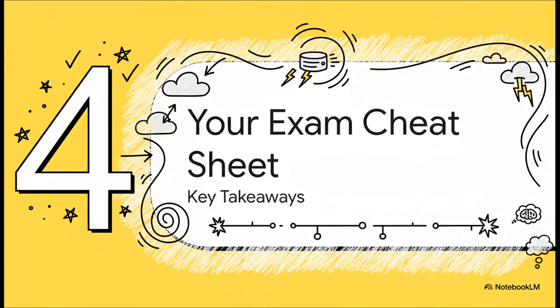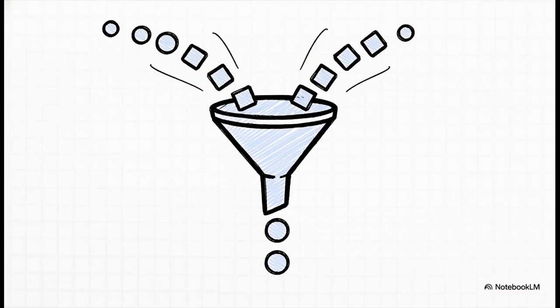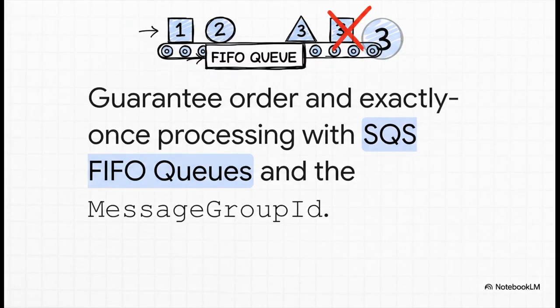Okay, let's bring it all home. We're going to do a super fast review, your personal cheat sheet for the DVA-C02 exam. These are the things you absolutely must remember. First, if you need to filter messages so they only go to certain subscribers, the answer is SNS Subscription Filter Policies, which work based on message attributes. Next, if the question screams guarantee order or exactly once processing, your answer is SQS FIFO Queues.